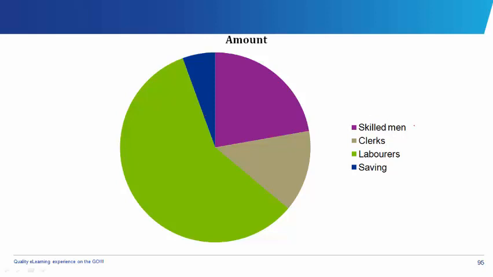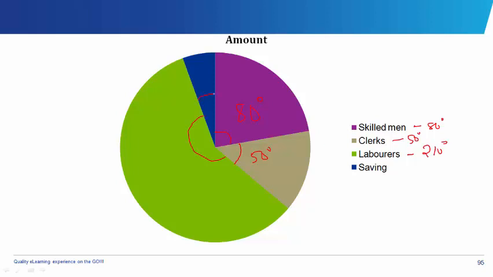So let's start with skilled men. We have skilled men as 80 degrees, which is here, 80 degrees. And we have clerks at 50 degrees. So our clerks, that's here, 50 degrees. Then laborers consume the most money, and laborers is 210 degrees.